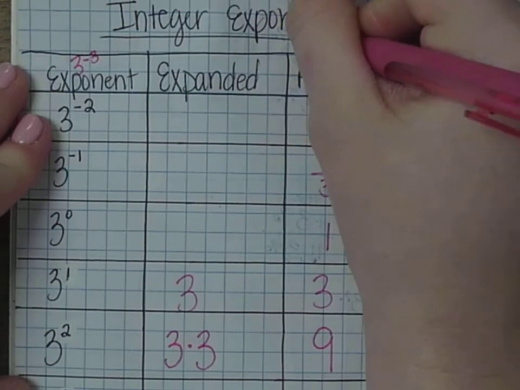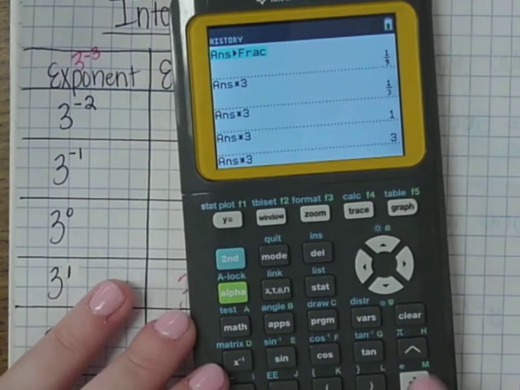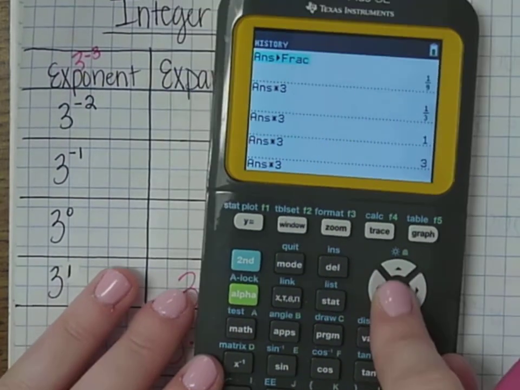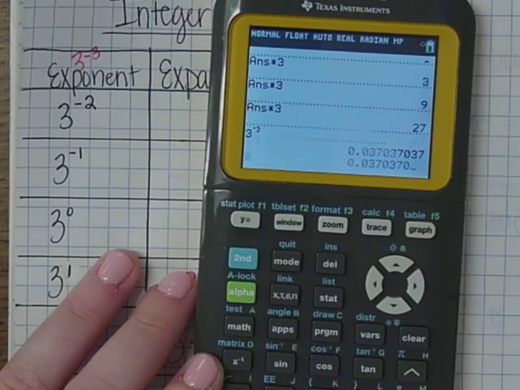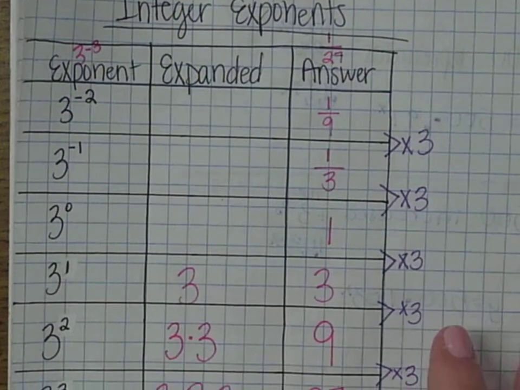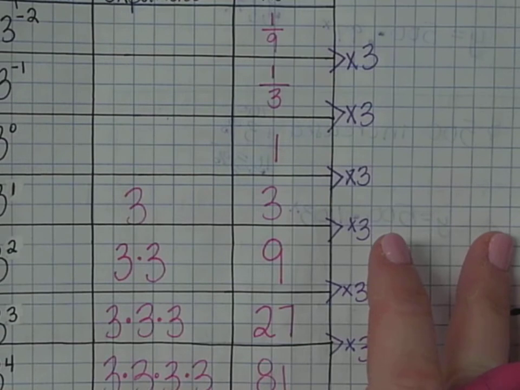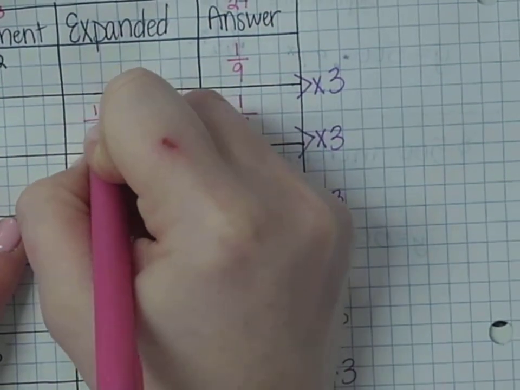It's going to be 1/27. Oh, sorry. I got to go back down to the bottom. 3 to the negative third. Math, enter, is 1/27.